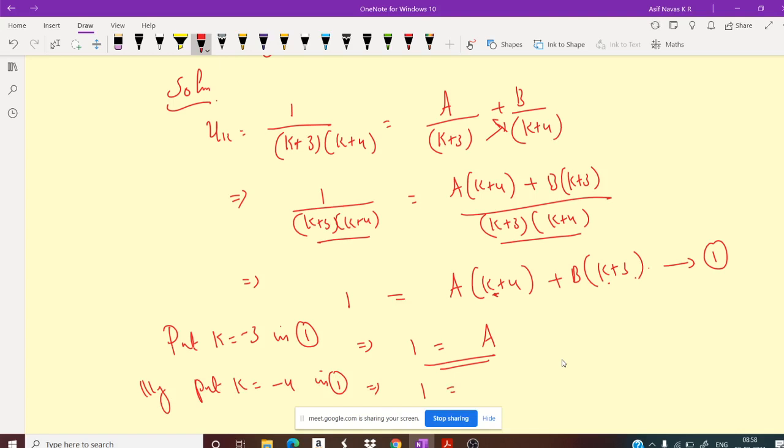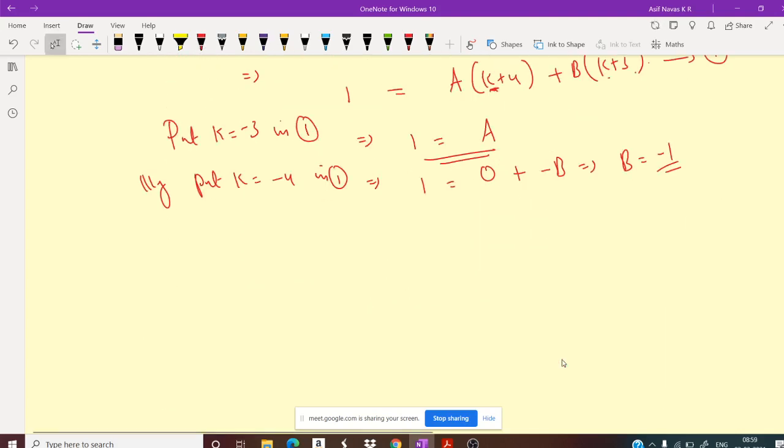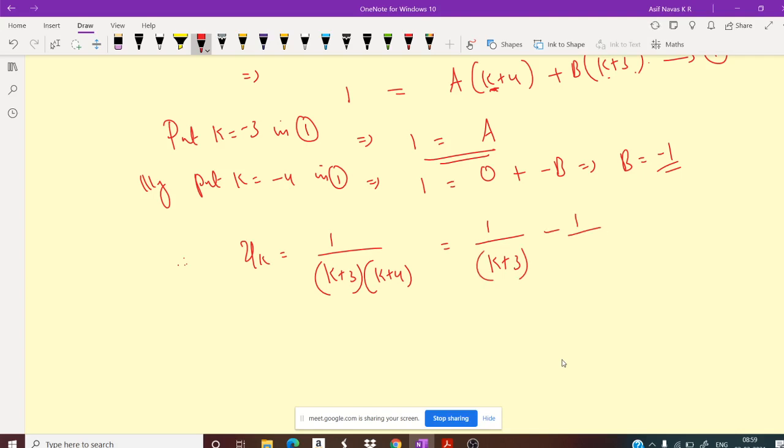We get 1 equal to, if I put minus 4 here, 0 plus minus b, which implies b equal to minus 1. Therefore, uk is equal to 1 by k plus 3 into k plus 4, which can be written as 1 by k plus 3 minus 1 by k plus 4.